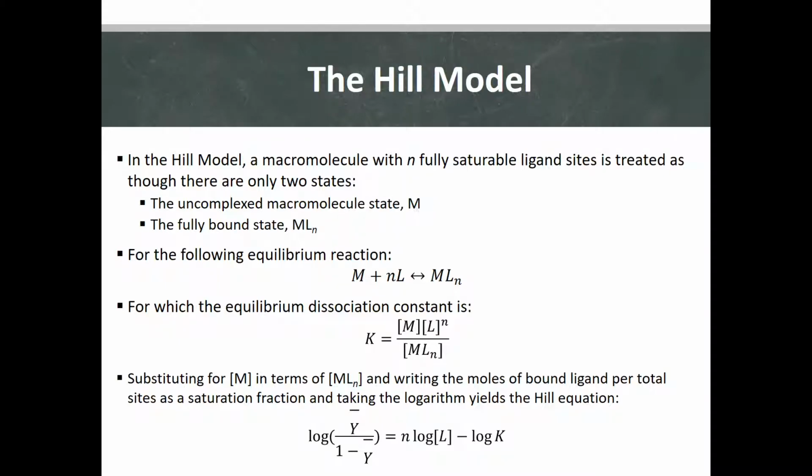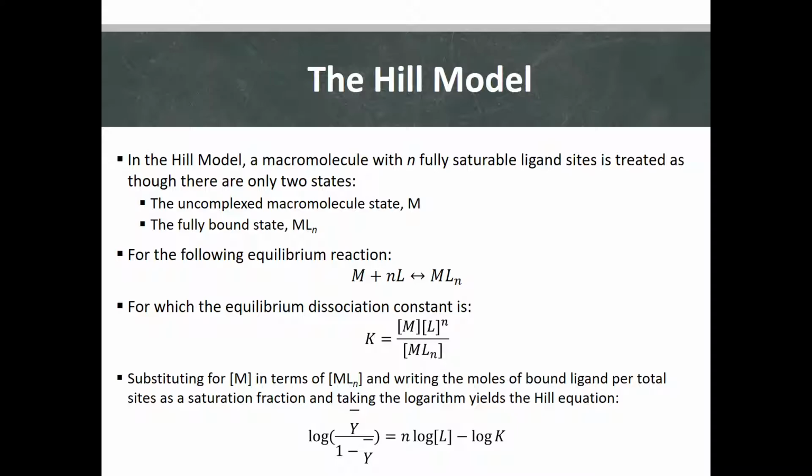Here I should note that I'm using the term macromolecule in place of protein because the Hill model is also applicable to other types of ligand, other types of molecular interactions. So think DNA interacting with a ligand, or even synthetic molecules like heme.